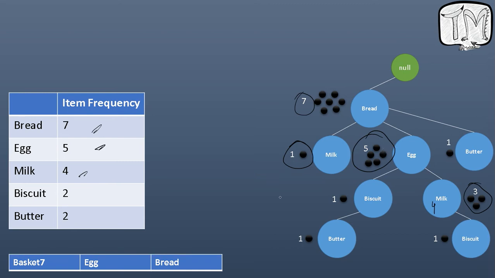We have 5 times eggs. Biscuit 2 times, so 1 you can find here and 1 you can find here, so in total 2 times. Similarly for butter, 1 here and 1 here, so in total 2 times. So this data set contains all the information on how many times each item was bought in total.